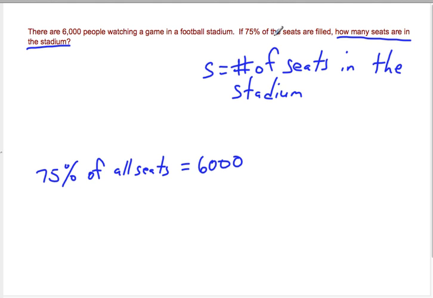If 75% of the seats are filled, so 6,000 people really is 75% of all the seats.